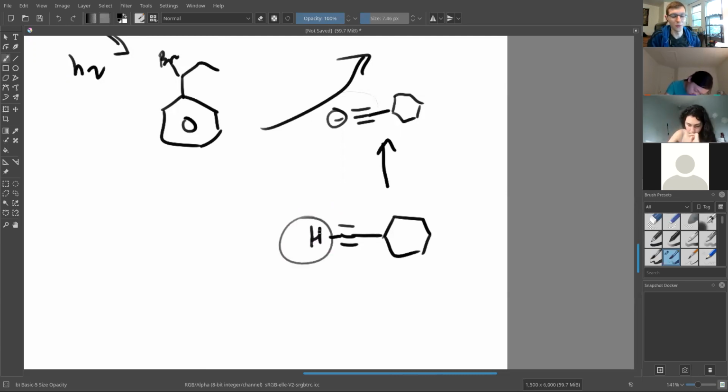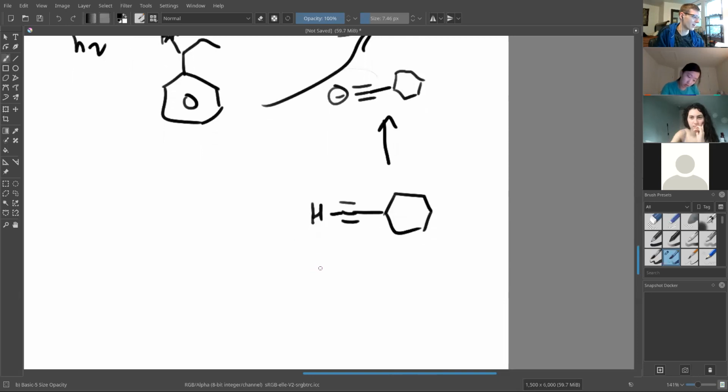What's really good at taking hydrogens off of things in general? Bases. You want some really strong base. This hydrogen here has a pKa of like 20 to 25. All things considered, that's pretty acidic, given that a normal alkane hydrogen has a pKa of like 50.